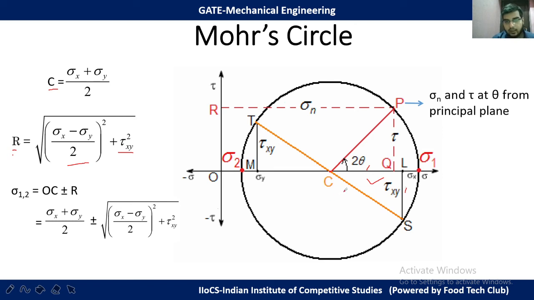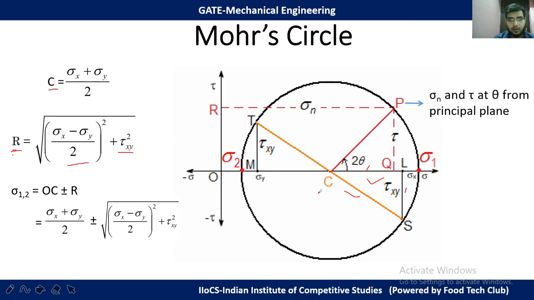So this is the diagonal, and we know the formula of the diagonal is the root over. So the value of the radius will be root over of (sigma x minus sigma y divided by 2) whole square plus tau xy square. You should remember these two formulas. These questions are asked in exams: what is the radius of the Mohr circle, or what will be the center of the Mohr circle.